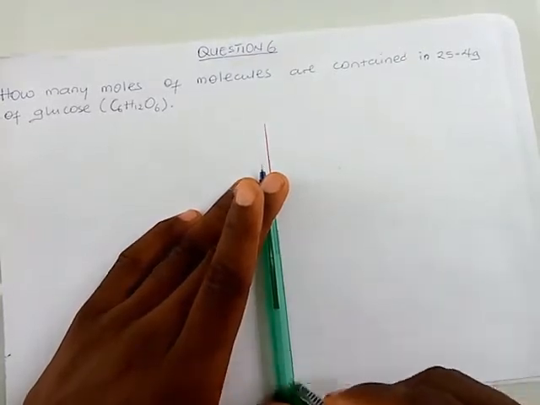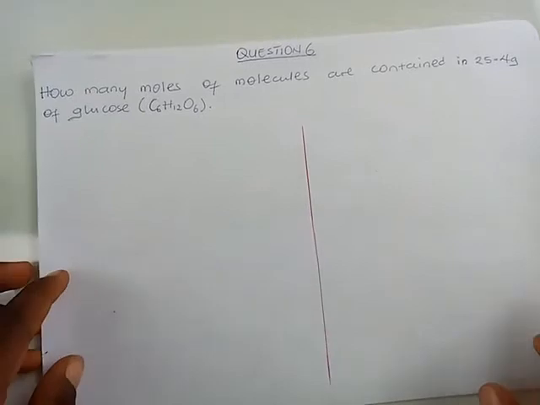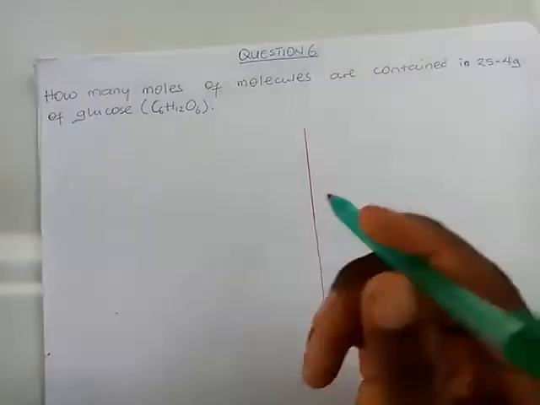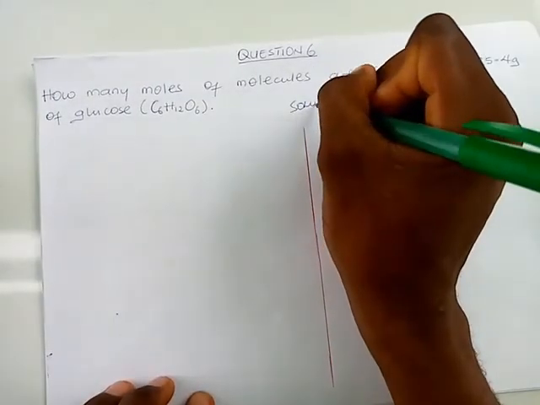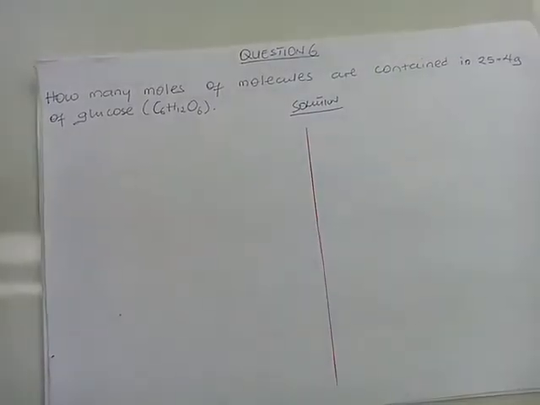Now, if we want to go on solving this, I usually say let's remember the basic steps. Start from what you have been given, what you're expected to find, and then ask for the connections between both.